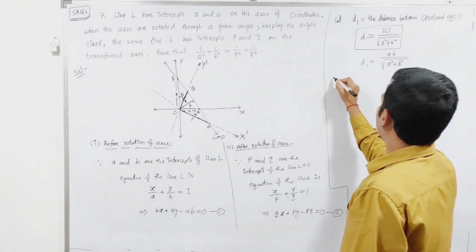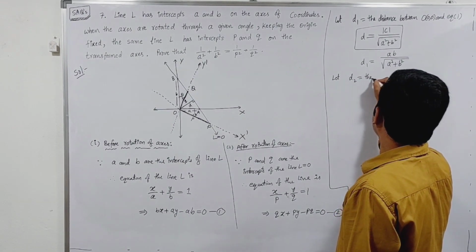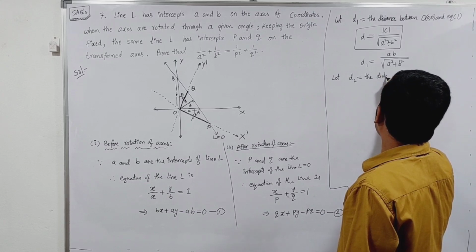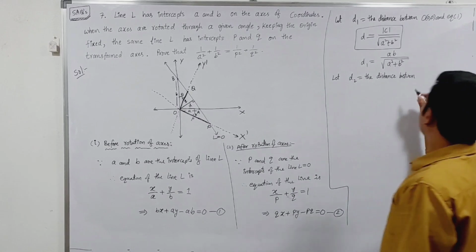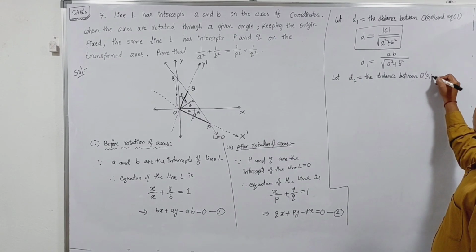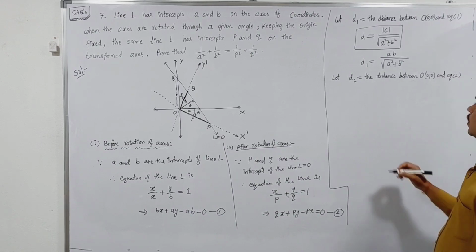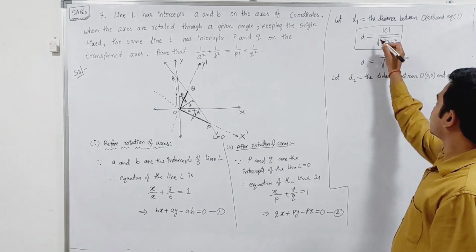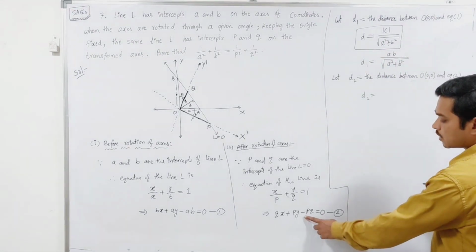Okay. Now let d2 be the distance between the origin (0, 0) and equation 2. By using the same formula, d2 is equal to mod c. Here, what is the constant? Minus pq.